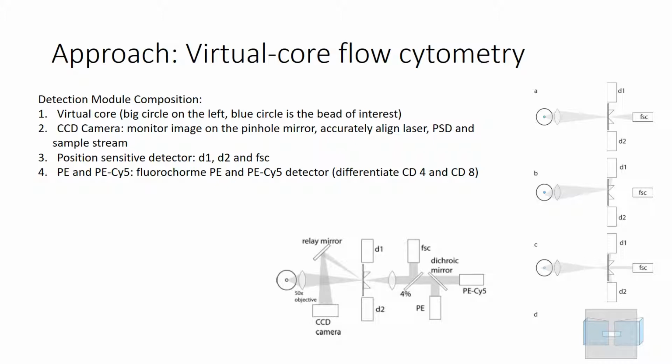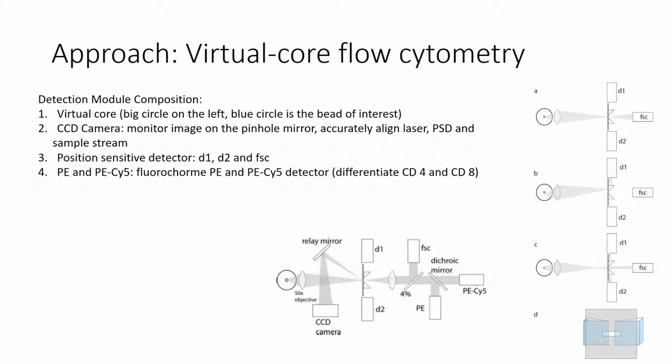Meanwhile, some of the focused light is reflected by a relay mirror and captured by a CCD camera. The CCD camera is used to monitor the image on the pinhole mirror, accurately align the laser, PSD, which is position sensitive detector, and the sample stream.